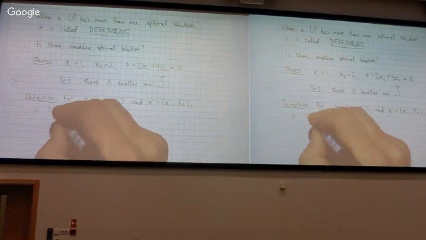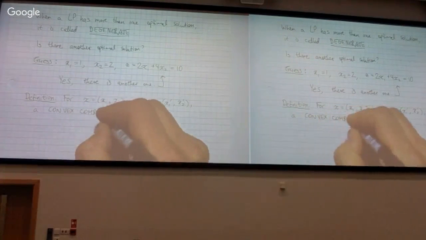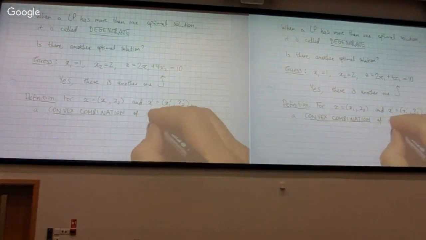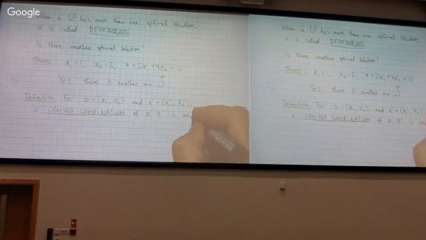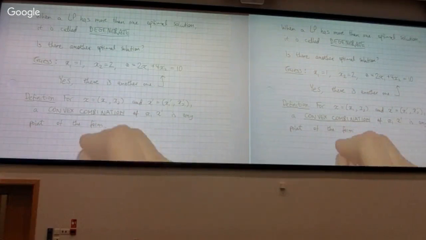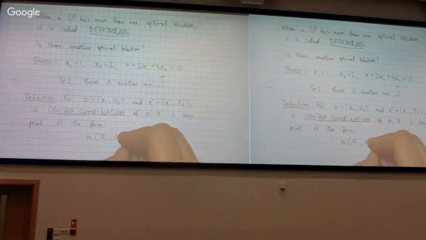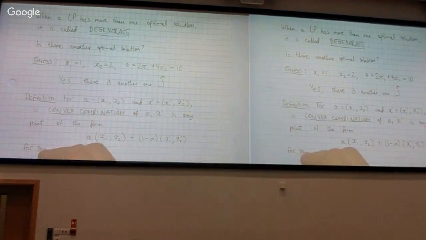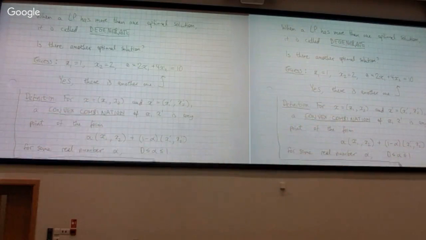A convex combination of these 2 points, vectors if you like, is any point vector that can be written as alpha times (x1, x2) plus 1 minus alpha times (x1 dash, x2 dash), for some scalar or real number alpha which is between 0 and 1. That's just a definition.